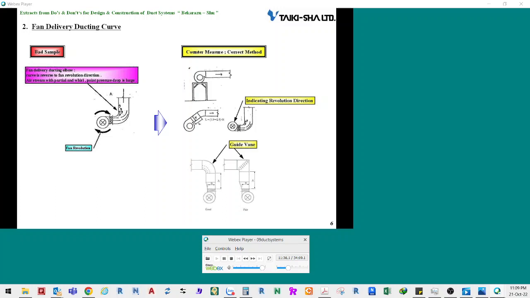For a fan on the right side, the fan blades revolve clockwise from the suction side. Order fan blades that rotate counterclockwise and set the direction of the revolution of the fan blades towards the duct to be turned. It is good to consider the use of guide vanes.